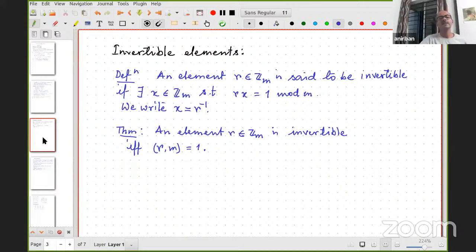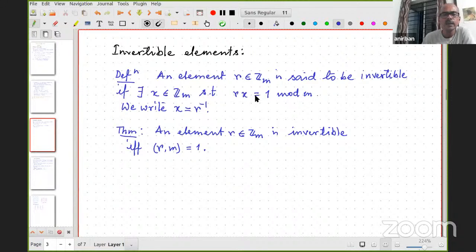So what are the invertible elements? First of all, what do I mean by an invertible element? An element r in Zm is said to be invertible if there exists another element x such that the product of r and x is congruent to 1 modulo m.